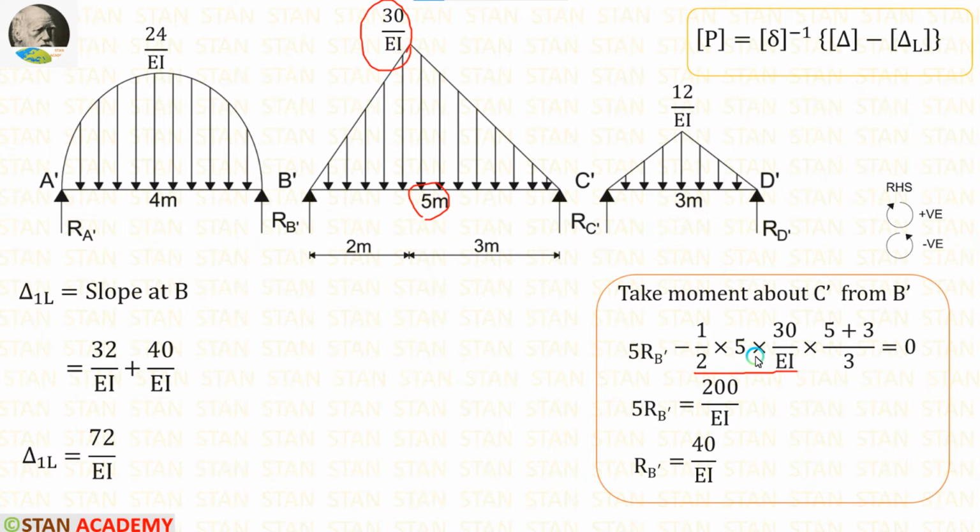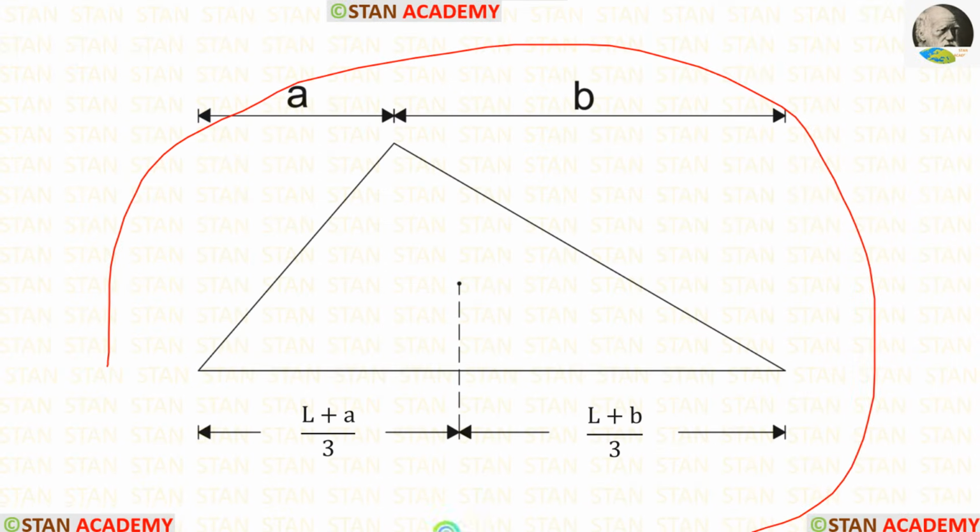Then we have to calculate the centroid. Since we are calculating the moment towards the right hand side, we have to calculate the centroid distance towards the right. In this kind of triangle, the centroid distance towards the right is L plus B upon 3.